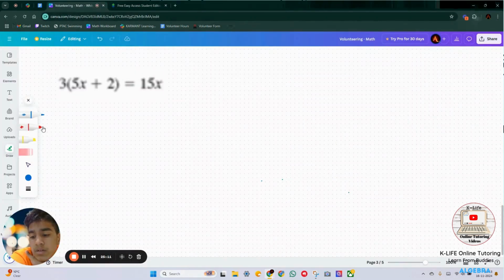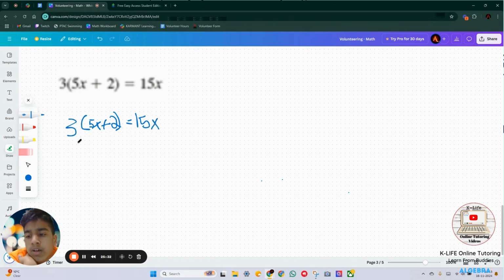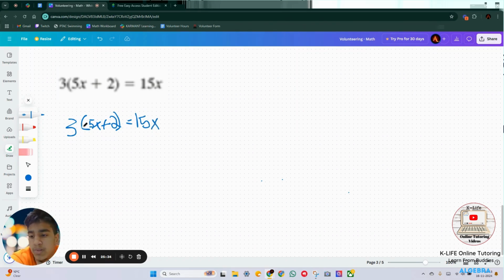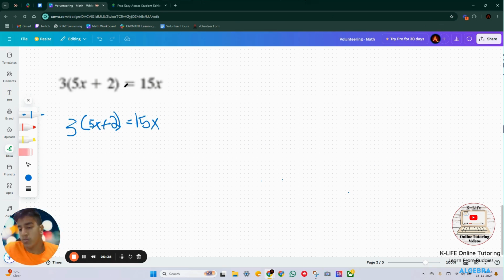Okay. So in this one, you see a grouping symbol again, or distributive property. So let me just write out the question. Equals 15x. Okay. So in this one, you again multiply the outside number to the values inside the parentheses.